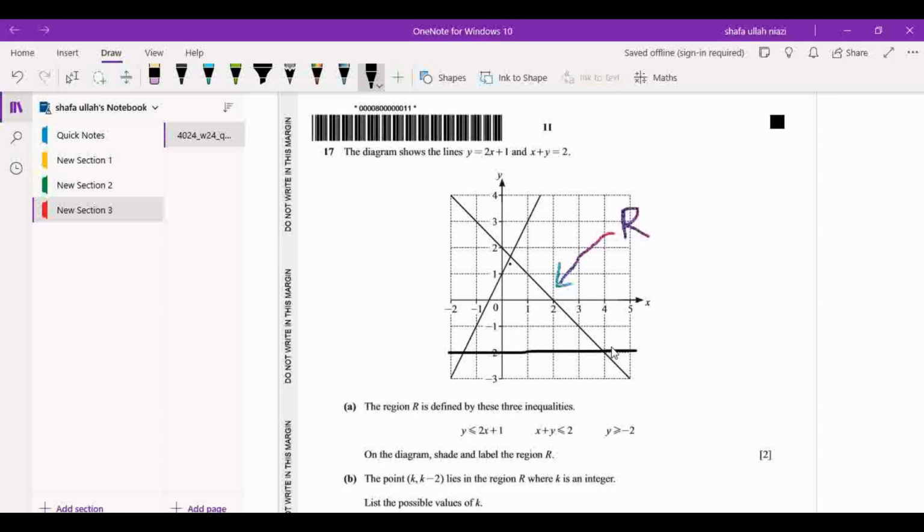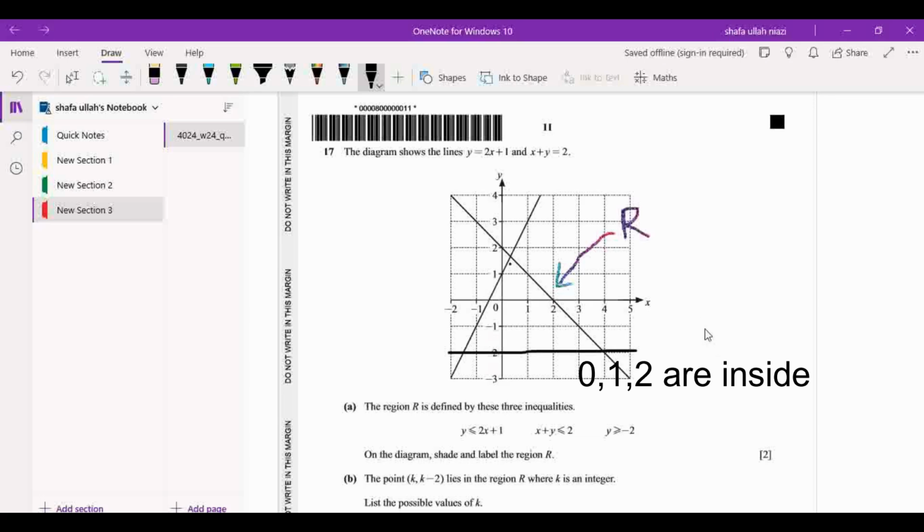So it means k minus 2 can be equal to -2, -1, 0 or 1. On the x side it can have values from -1 to 4. So it means k can have values from -1 to 4.